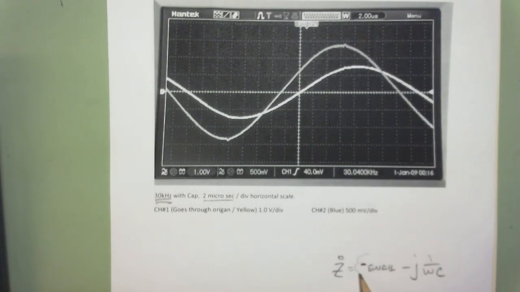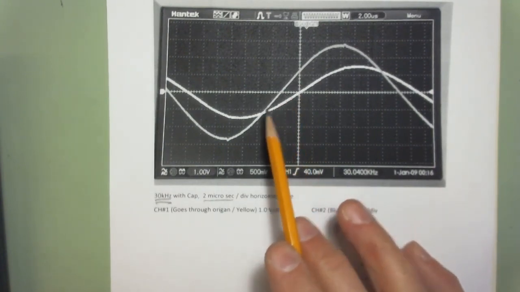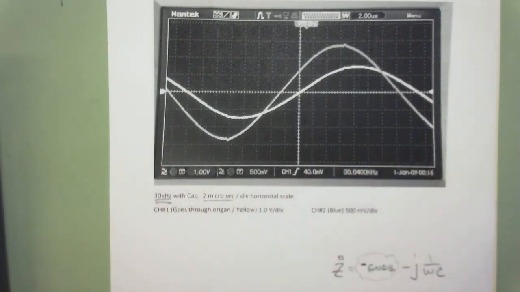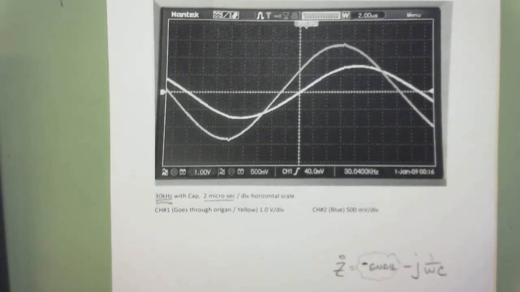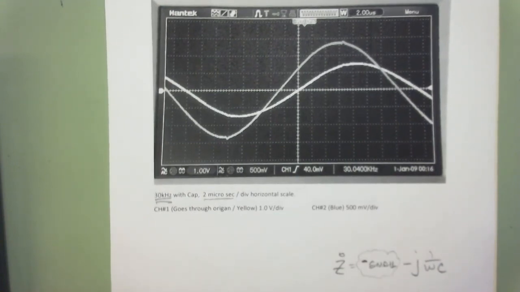And this small negative number really just comes from errors in reading this graph. So I had just a handful of ohms there, but it was a negative value. So just a warning there.